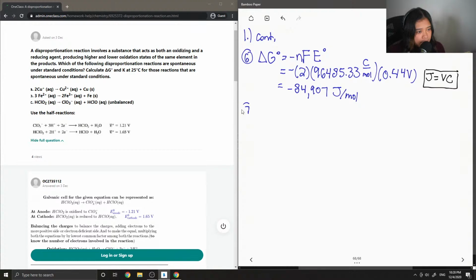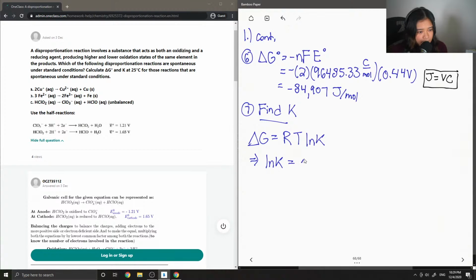Okay, so now step 7 is to find K. So we can find K using the equation delta G is equal to RT ln K. So now let's rearrange this equation to solve for K. So it's going to be ln K is equal to negative delta G over RT.